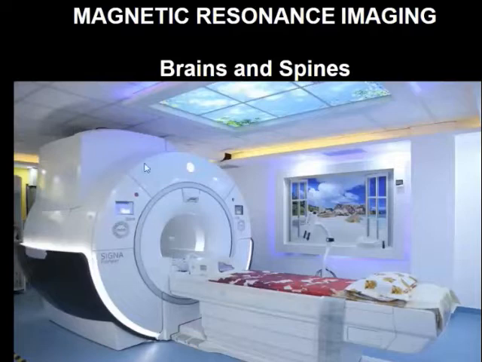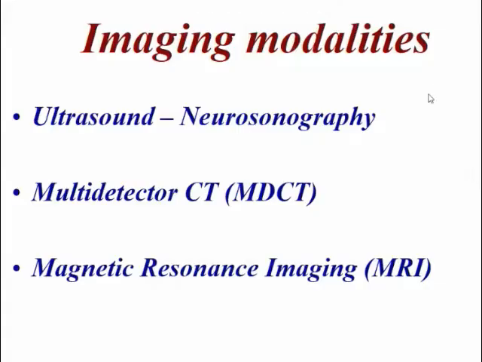And MR means magnetic resonance imaging. Formerly, it was called NMR, nuclear magnetic resonance, but the word nuclear has been removed. So basically, it is magnetic resonance imaging where we make use of the protons to get an image. So let's look at that as we go by.